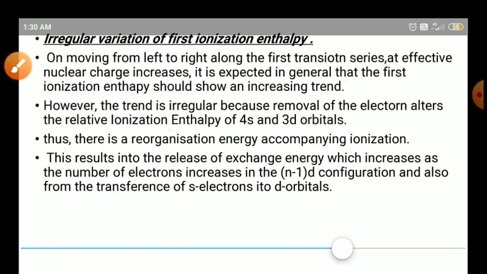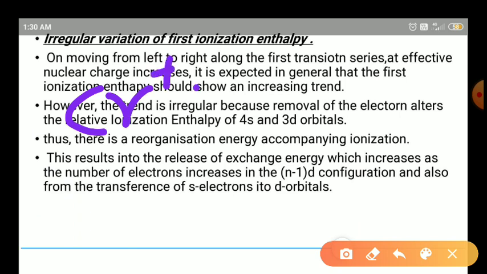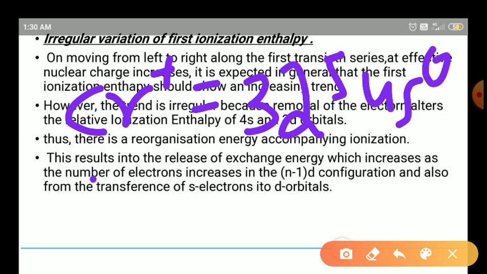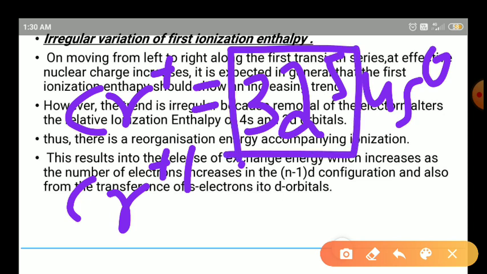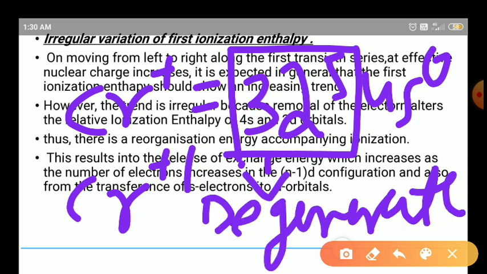After removal of the 4s electron, the chromium ion is left with only the 3d5 electrons and 4s0. So for chromium going to the plus one oxidation state, it requires very little energy here, because it is completely stable with 3d5 electrons. These are what we call degenerate orbitals.